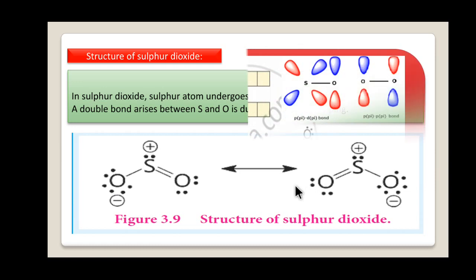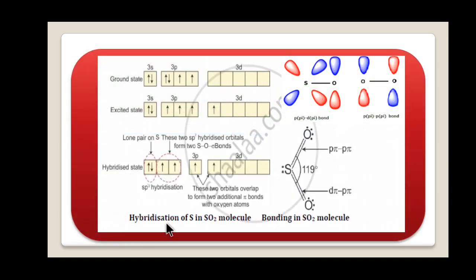Is it clear? And next, the hybridization of sulfur in the SO2 molecule. The ground state, the excited state, and the hybridization state. In the ground state, 3s2 3p4. So the electrons are filled 3s2, and 3p4, 1 2 3 and 4. In the excited state, in 3p one is paired and two unpaired. The paired one is promoted to the 3d level.